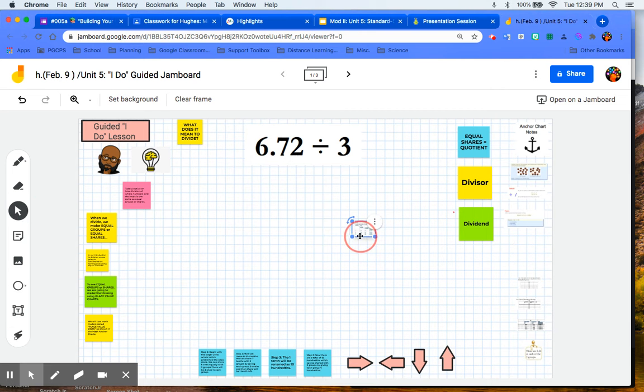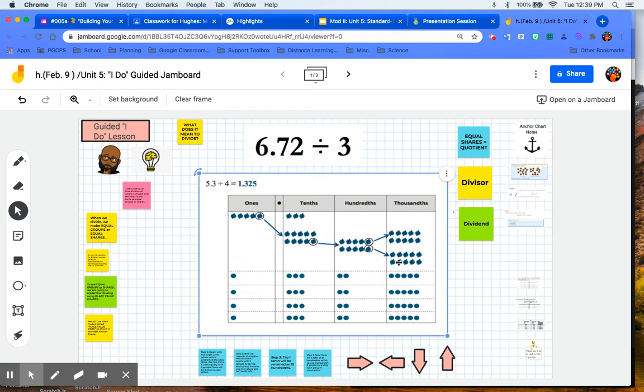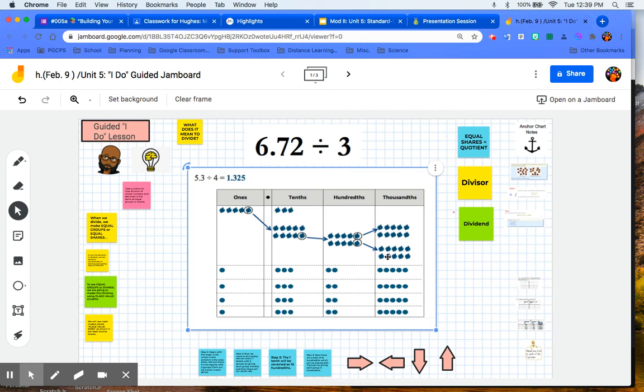First of all, let me get you all familiar with a place value division chart. Now I know you all are looking at this and you're like, what is that? That looks like a bunch of craziness, Mr. Hughes. I mean, what is that? Don't freak out.